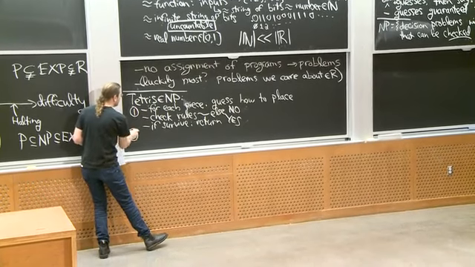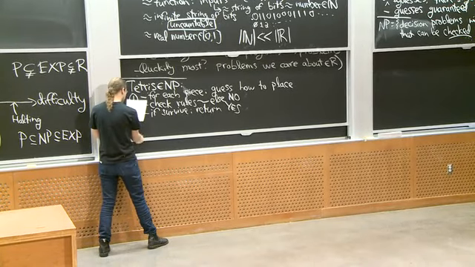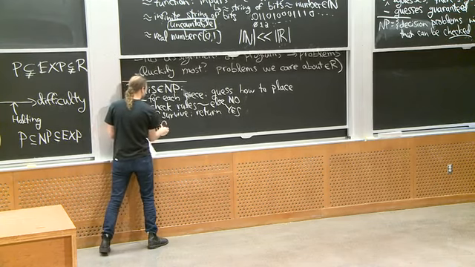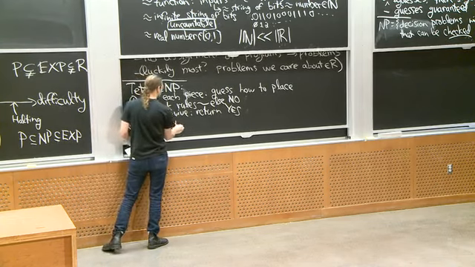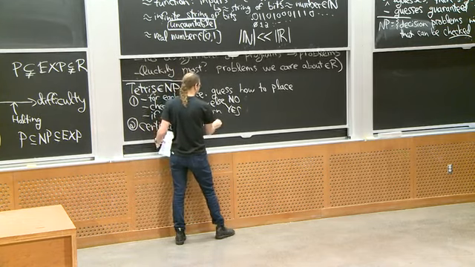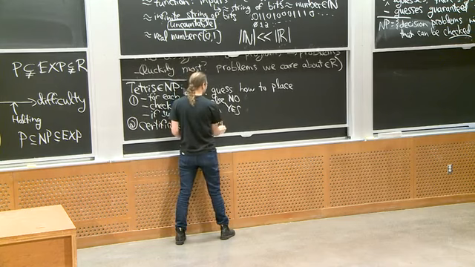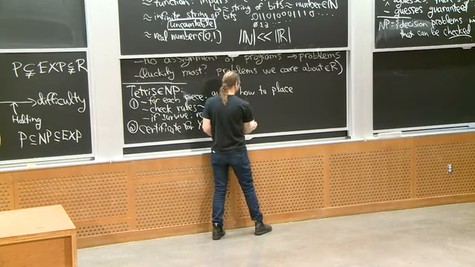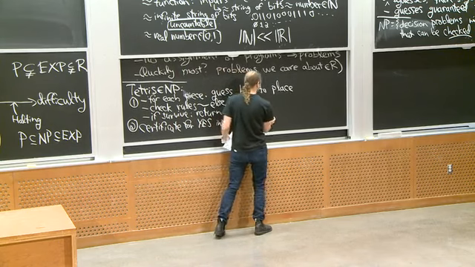Version 2 for Tetris is that a certificate for a yes input of Tetris is a sequence of moves for the pieces.